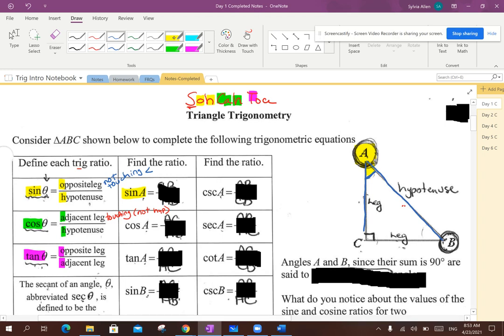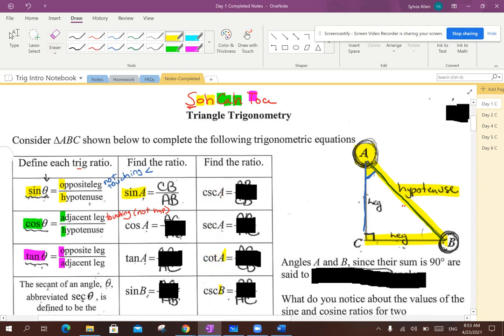The one that's opposite is going to be this leg right here, and we're going to call that leg CB. Then the hypotenuse is right over here, and we're going to call that AB. So that's why we have CB over AB. And then what is new to you guys are the reciprocals of these. We're going to talk about that in just a moment.